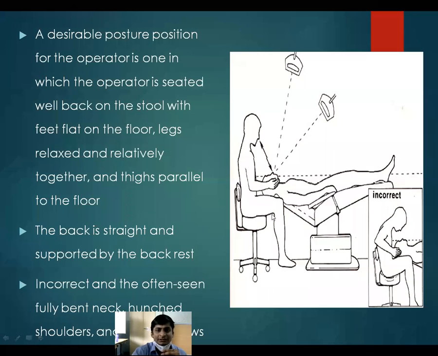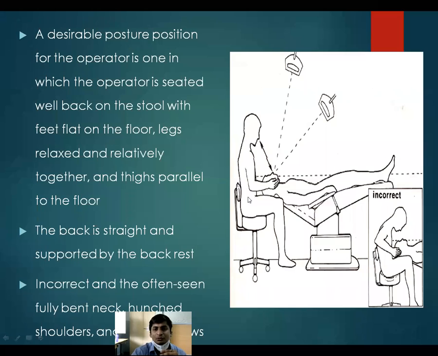Legs should be relaxed, relatively together, and the thighs parallel to the floor. So the back is straight, sitting properly, legs relaxed, feet flat on the floor, and thighs parallel to the floor.